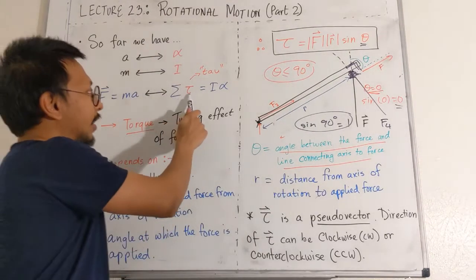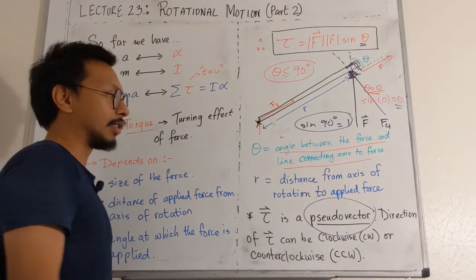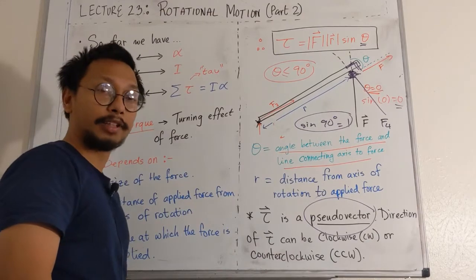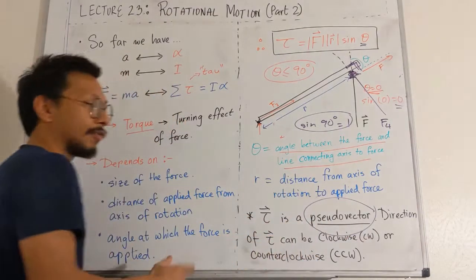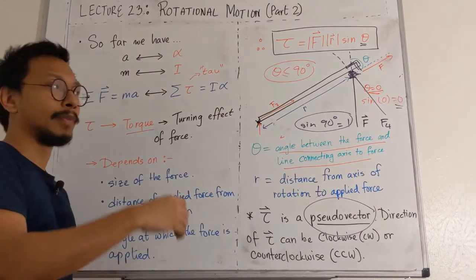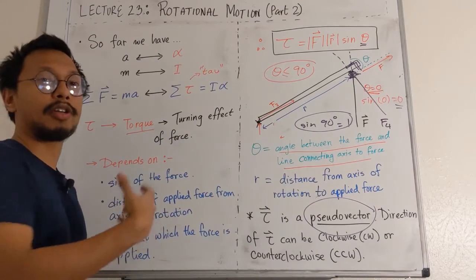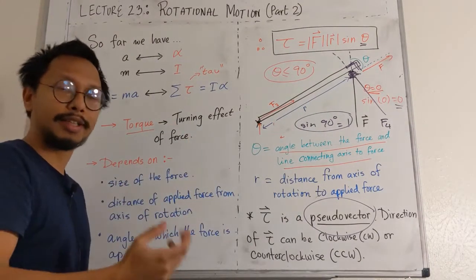Well, tau is something called a pseudo vector. This is not a real vector in the complete sense of the word, because the direction of tau is not traditional vector like. For example, when we learned about usual vectors, we said direction was positive, negative, or at an angle to a certain axis.